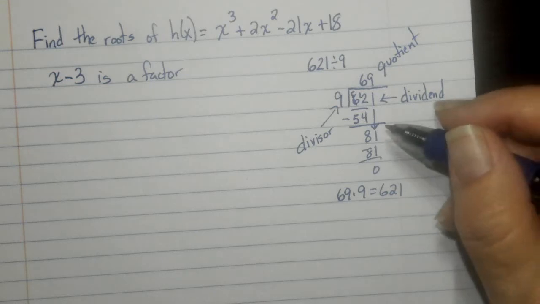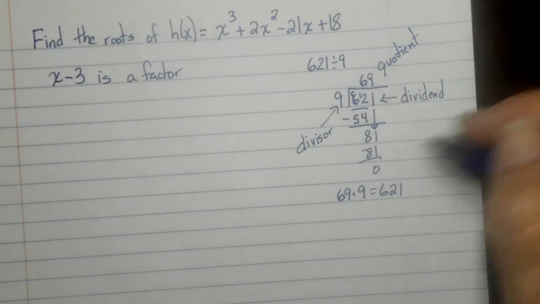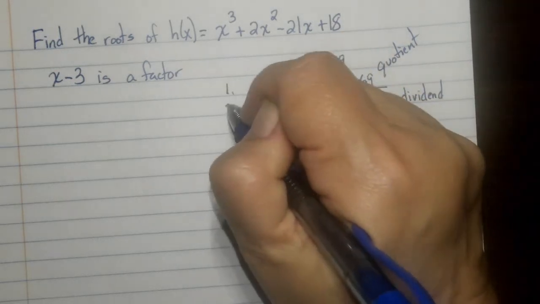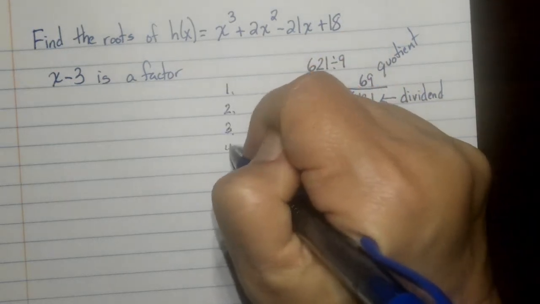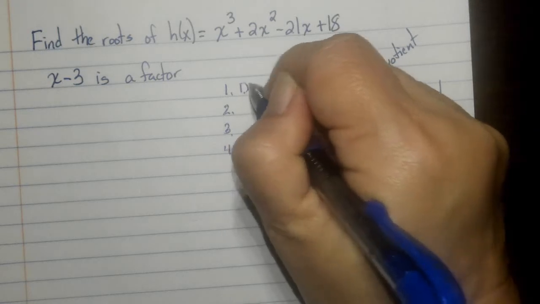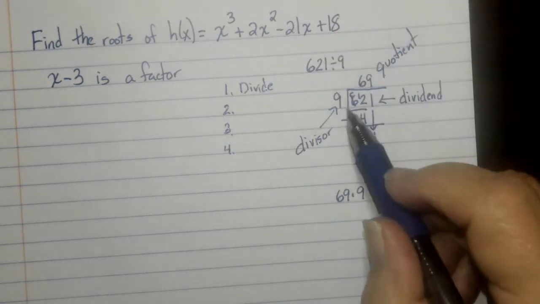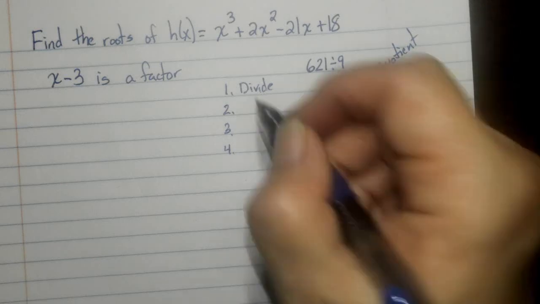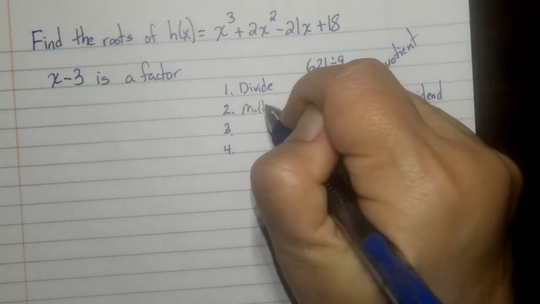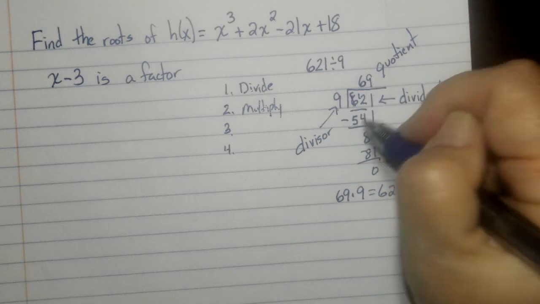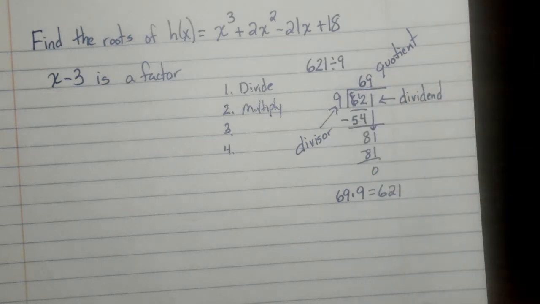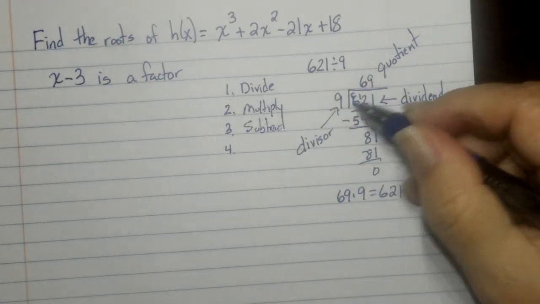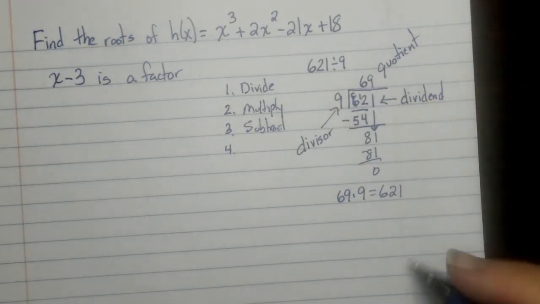Alright, so let's think. This isn't just an algorithm. This is a step-by-step process, and it's a 4-step process. We divide. Right? We said how many times does 9 go into 62? 6. Then we multiply. 6 times 9 is 54. Then we subtracted. 62 minus 54 is 8.